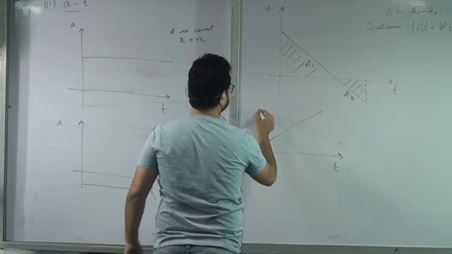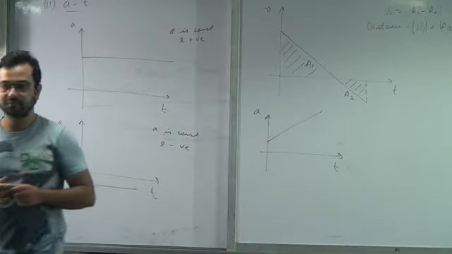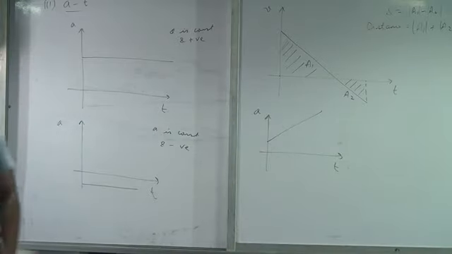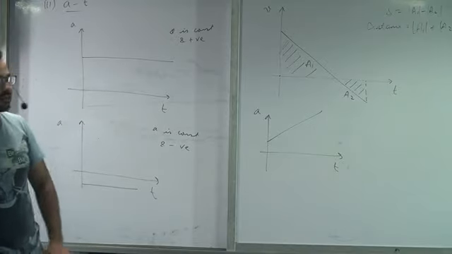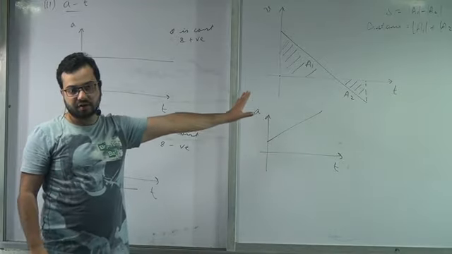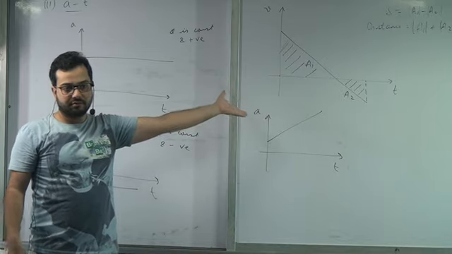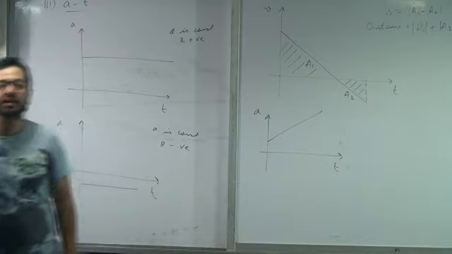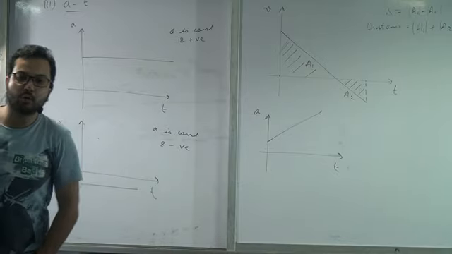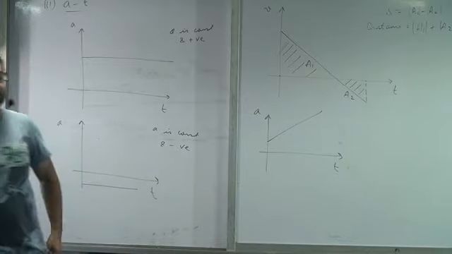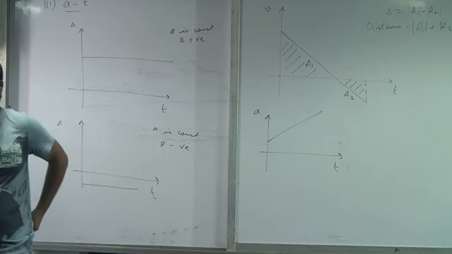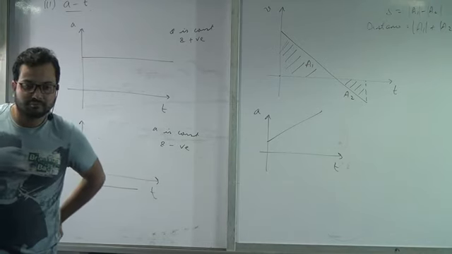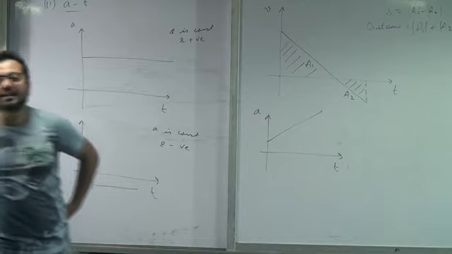This tells me acceleration is changing. Okay, this is changing acceleration. So the velocity will obviously change. What will be the slope of the AT curve, what will that give me? The slope of AT curve is beyond your scope.